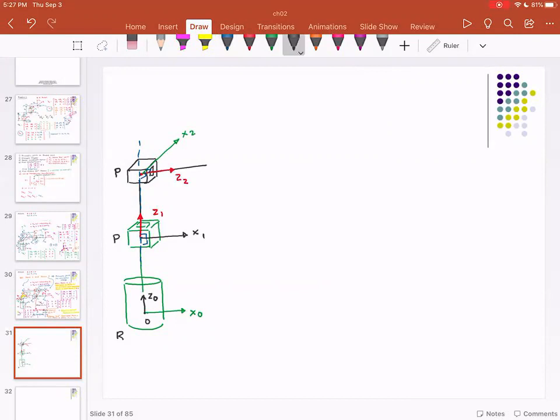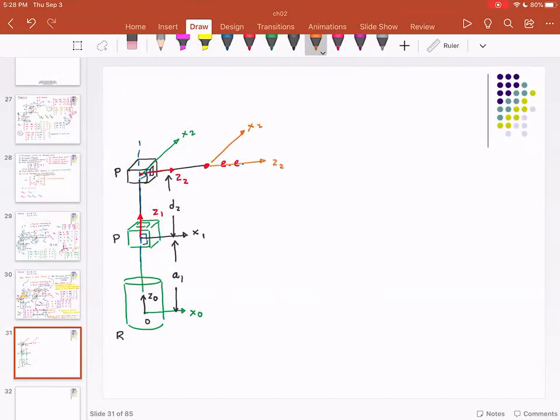So let's identify the distances. This distance is A1. This distance, I'm just going to say it's a joint variable D2 that changes. And this is my end effector. And this distance, I'm going to say this is going to be X2, and this is going to be my Z2.